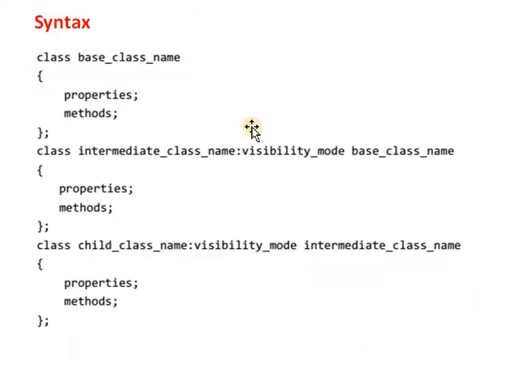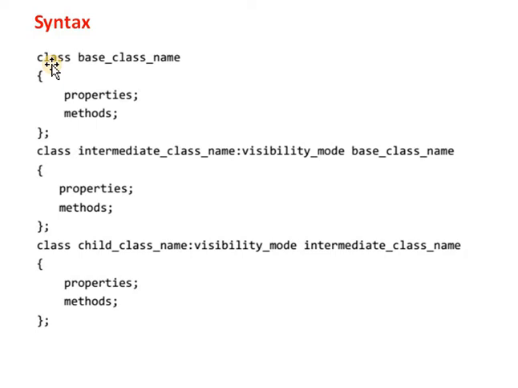Let's see the syntax for defining multi-level inheritance. In multi-level inheritance, there are multiple levels, and in those levels, multiple classes are present. See this syntax. First, we define the base class.